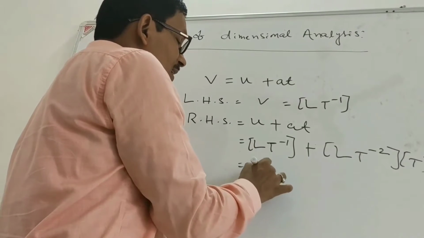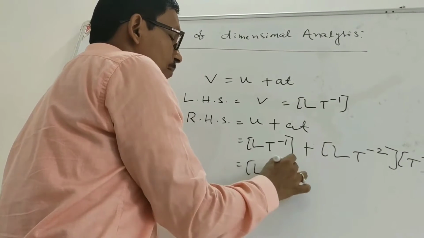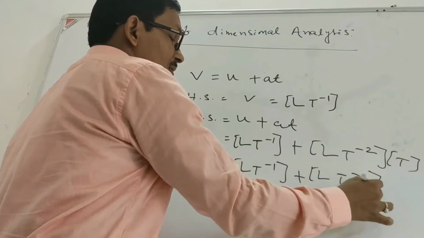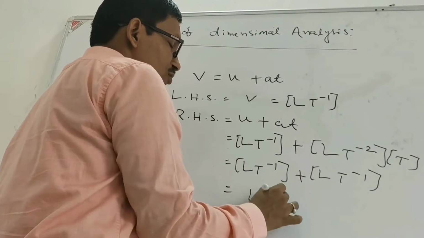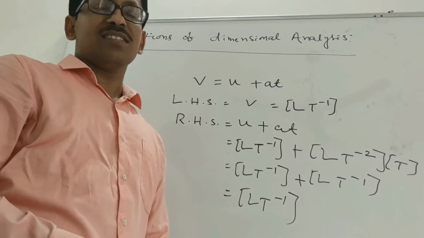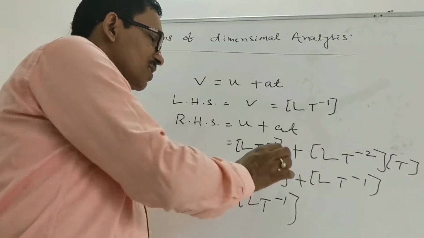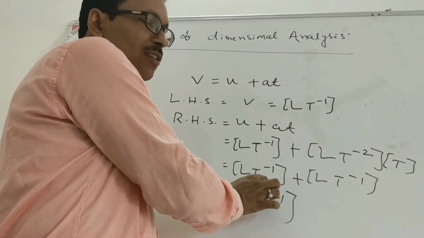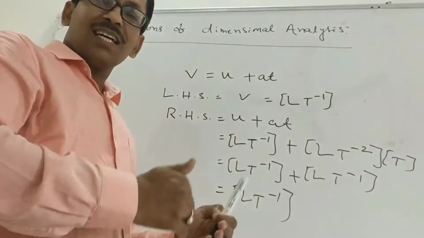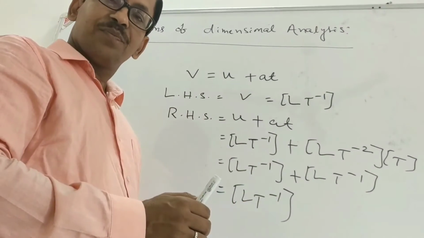Now what have you got? L T minus 1 plus L T minus 1. That is L T minus 1. No need to write 2 times L T minus 1 because we are writing only the dimension. Velocity dimension is L T minus 1, velocity dimension also L T minus 1. Two velocities are added, you are getting another velocity.